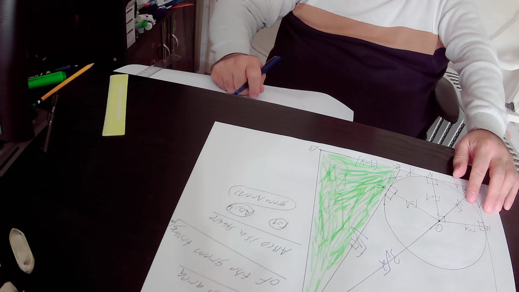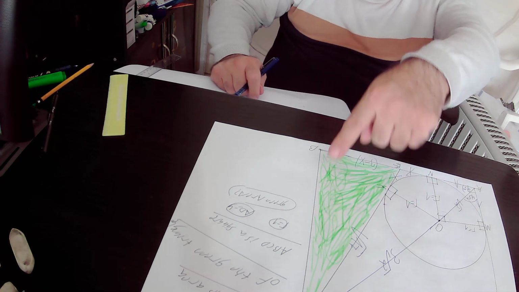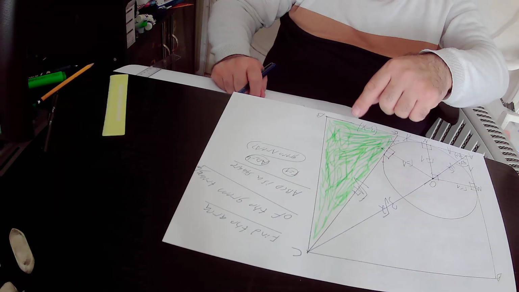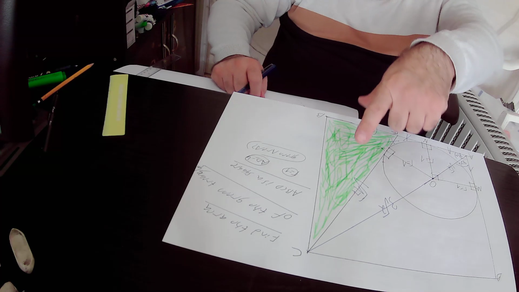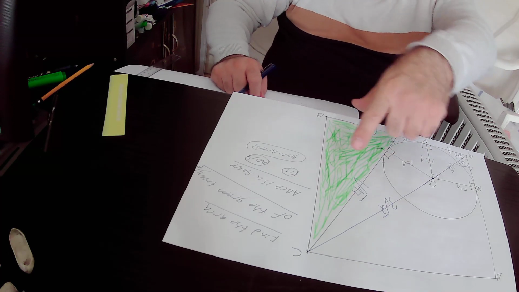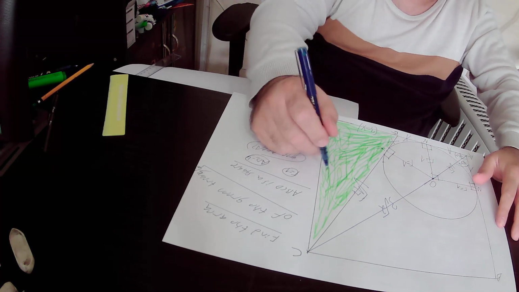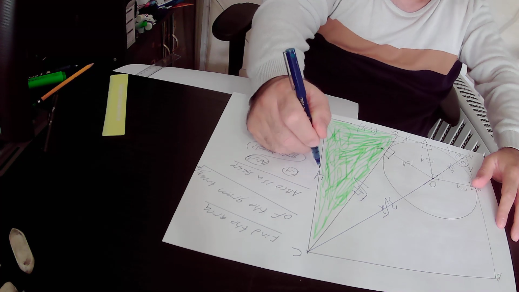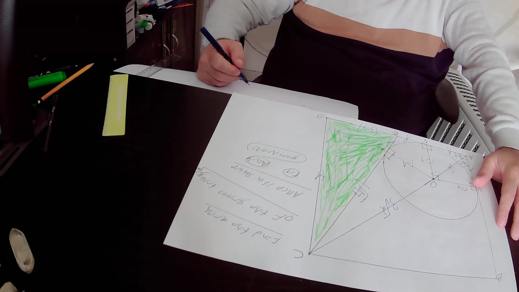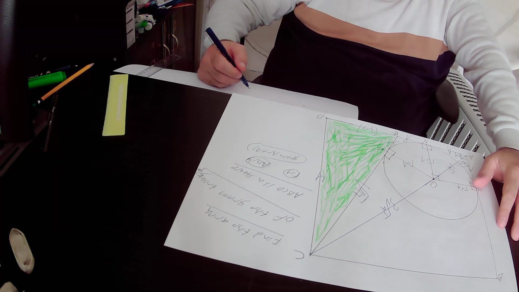And we know that CB is one side of square ABCD, that is to say it equals 4 units.